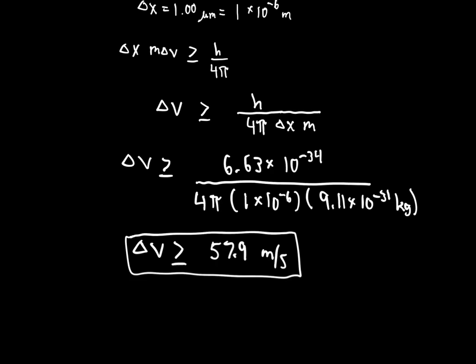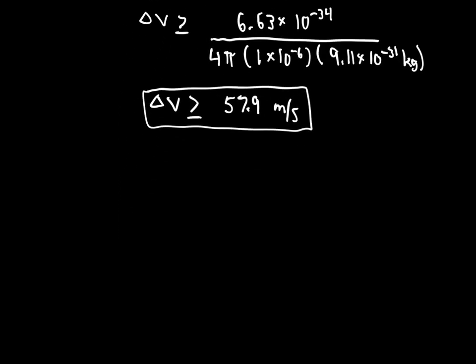Any questions on that? So that was using the Heisenberg uncertainty principle. That's how that equation actually works. And then we were asked to find the kinetic energy of this electron if it has that velocity. So how would I find kinetic energy? One half mv squared. Go back to Physics 1.